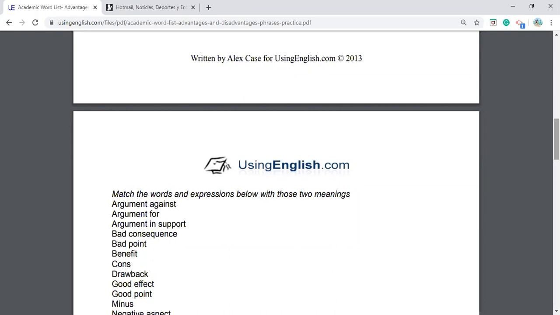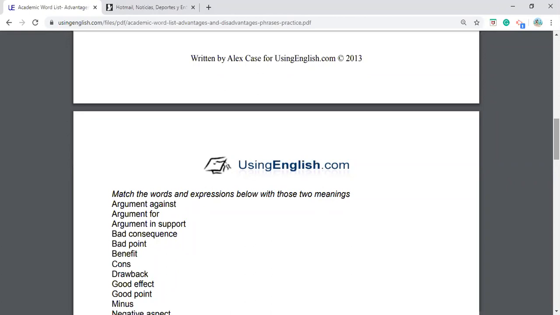For example, guys, how can we use this word? So let's check. The three minus is also a plural word.